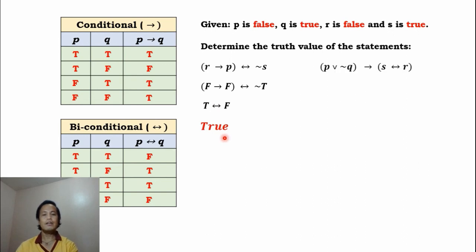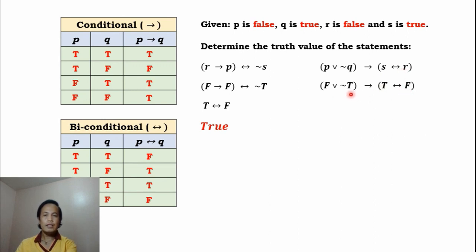Now for the last example, we have P or not Q implies S if and only if R. So we change these variables by the truth value. So we have P is false, Q is true, S is true, R is false.